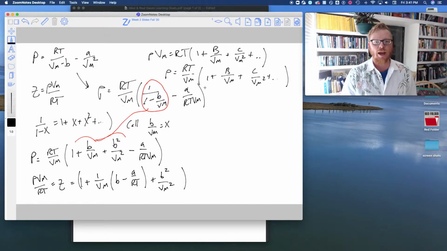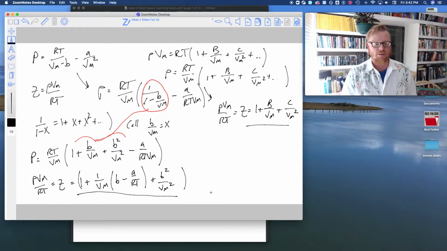Look, I can rearrange this thing over here and do the same thing, right? I can say P VM over RT, and we know all of that equals Z, just equals 1 plus B over VM plus C over VM squared. And look, compare this to this. You guys see it?